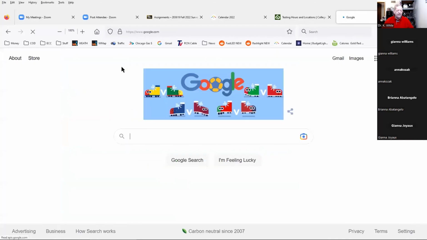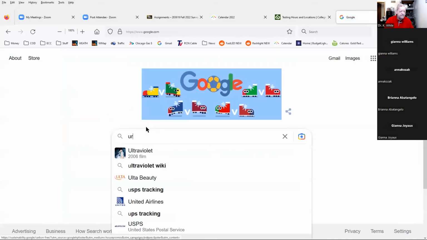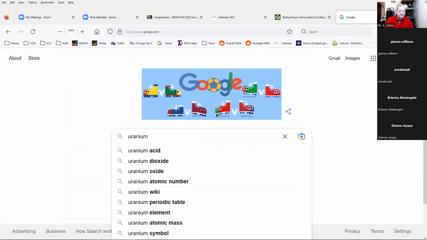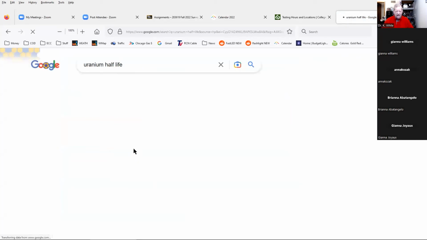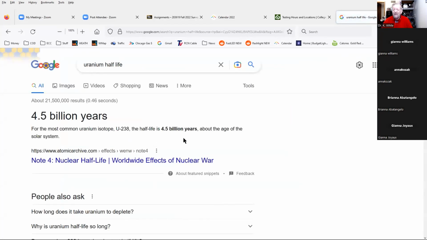Well, let's look at uranium half-life. Everybody see the half-life of uranium isotope U-238 on your screen?